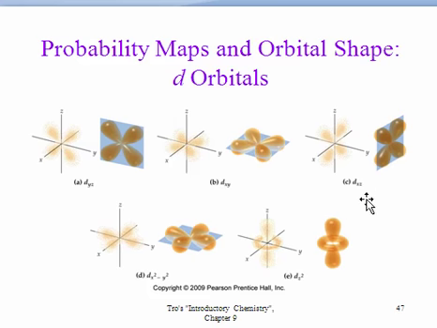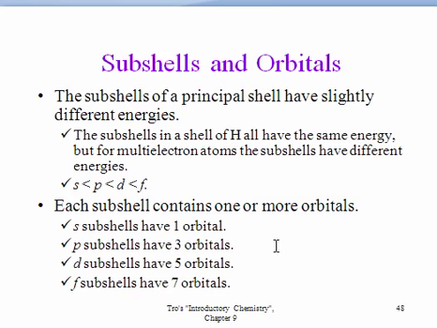The dxz is between the x and the z axis, and the dx squared minus y squared is on the x and the y axis. So you see these 3 are 90 degrees apart, and this is 45 degrees apart from this one right here. These are in between the axes, and these are on the axes. And then here's our funny shaped one, our dz squared on the z-axis. It looks like a p orbital with a donut around it.